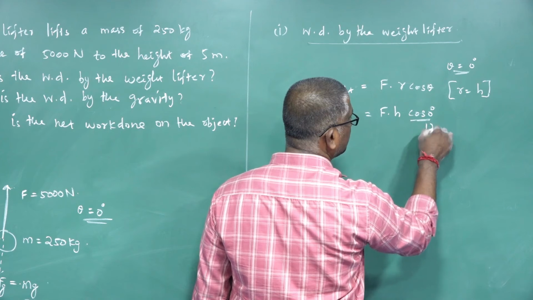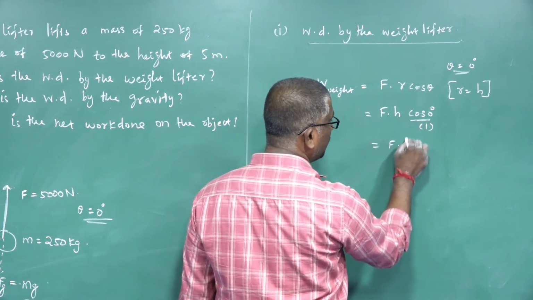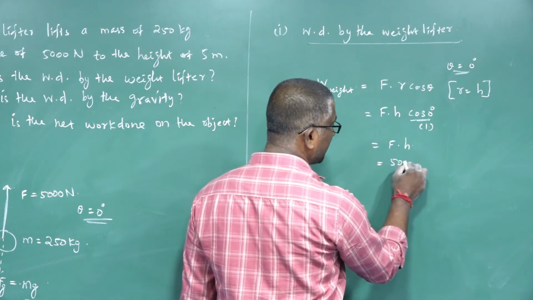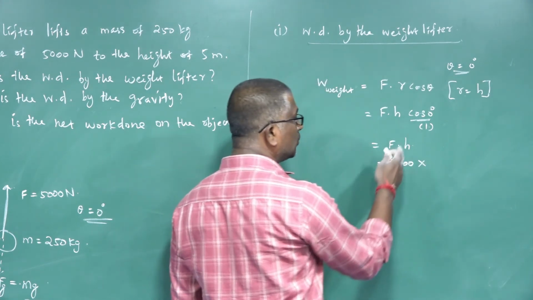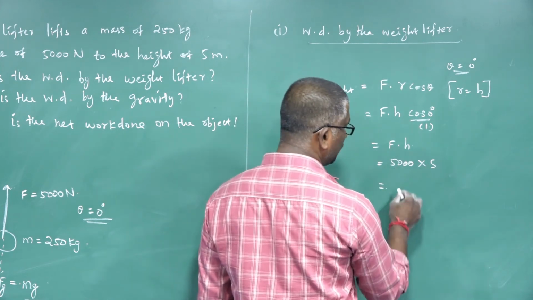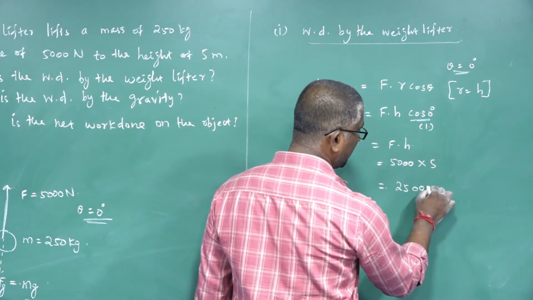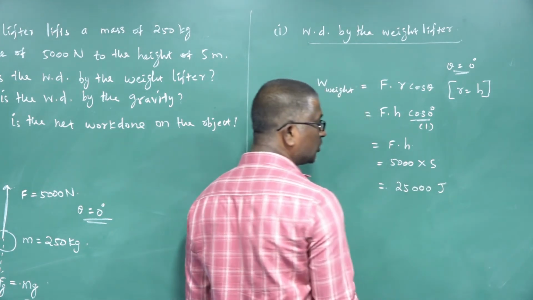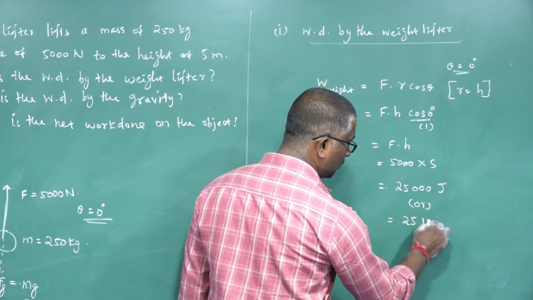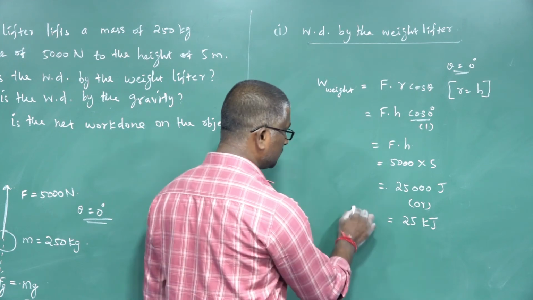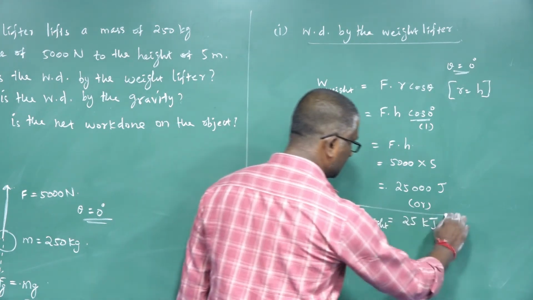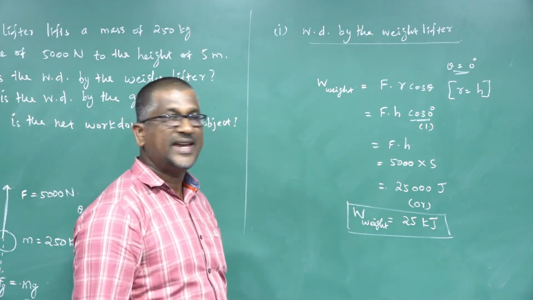Cos 0 is 1. Therefore, F into H. The force applied is 5000 Newton into height 5 meter. 5000 into 5 is 25,000 joule, in terms of kilojoule, 25 kilojoule. So work done by the weightlifter is 25 kilojoule.